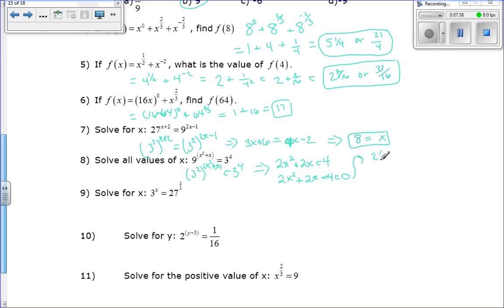So we'll have 2 parentheses, x squared plus x minus 2 equals 0. So 2 parentheses, x plus 2, x minus 1, so x equals negative 2, and x equals 1.